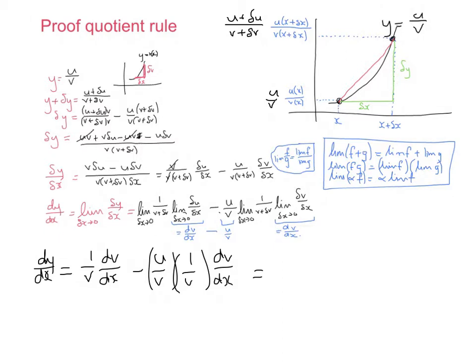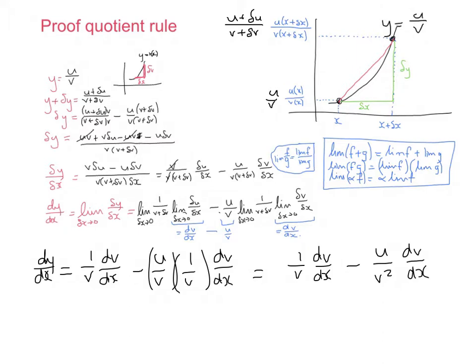Actually, that's not very nice. Let's write it as two fractions: 1 over v du by dx minus u over v squared dv by dx.